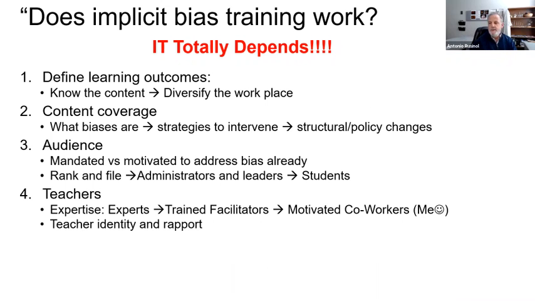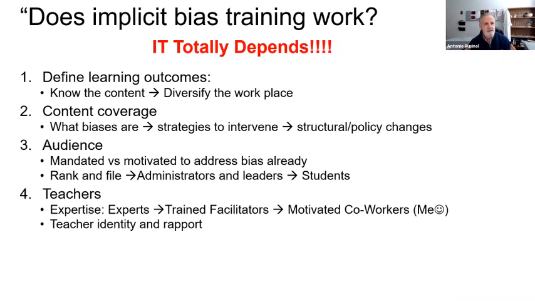And then even the identity. Some people have published that, for example, for some things, it's better that a white faculty member presents these topics than either a Black or Latino one.